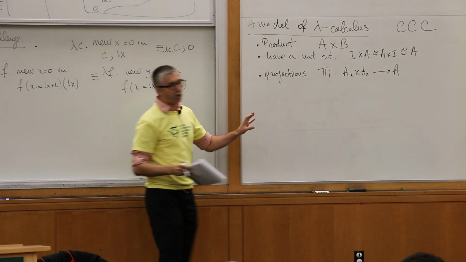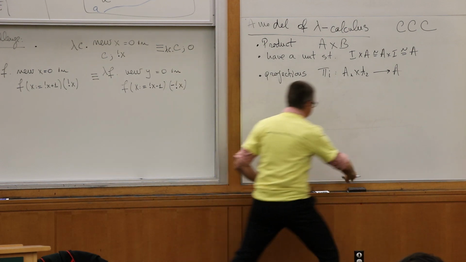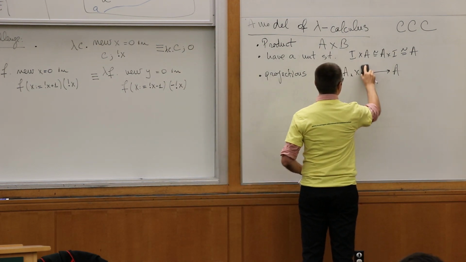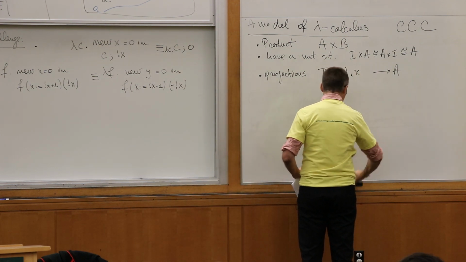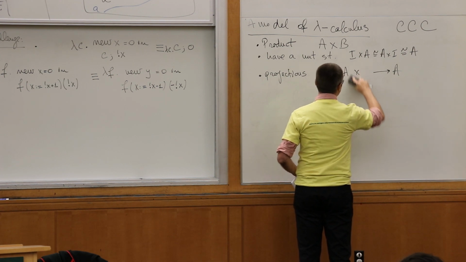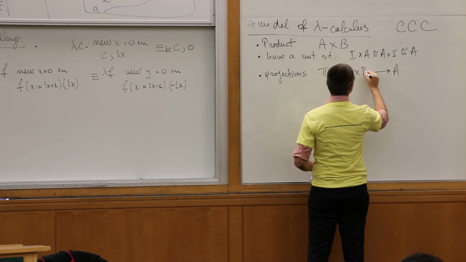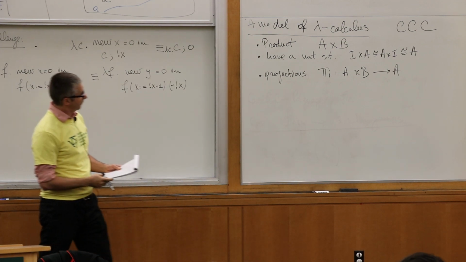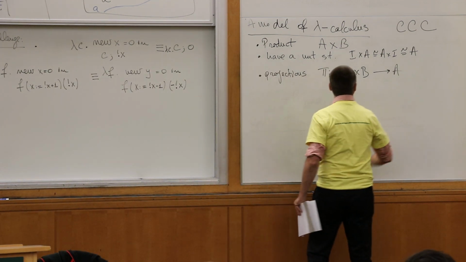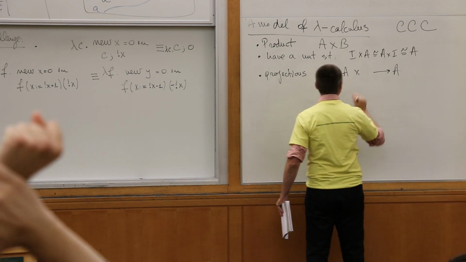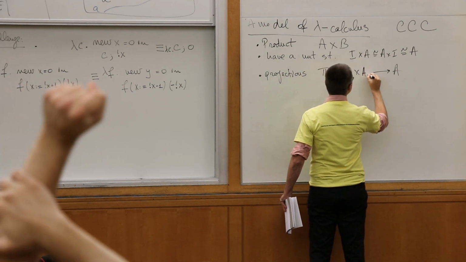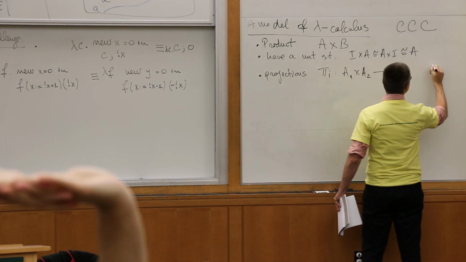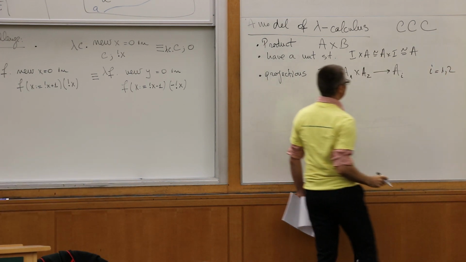So now we have, sorry, why did I put A1 here? No. I did it. I should just trust my notes. A1, A2, Ai, where i is 1 or 2.